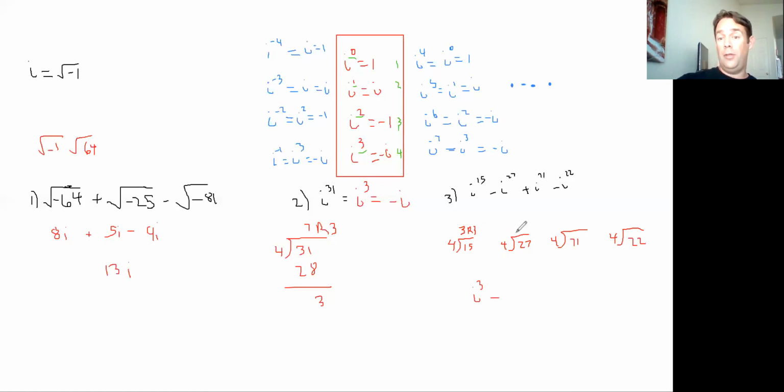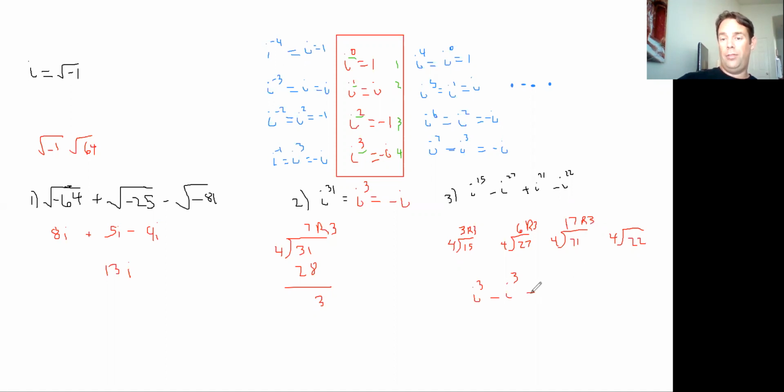27 would again be 6 remainder 3. So I'm going to put another i cubed here. 71 would be 17 remainder 3.